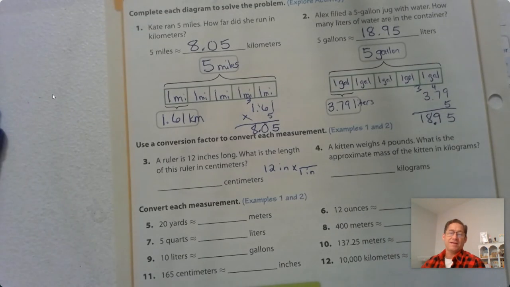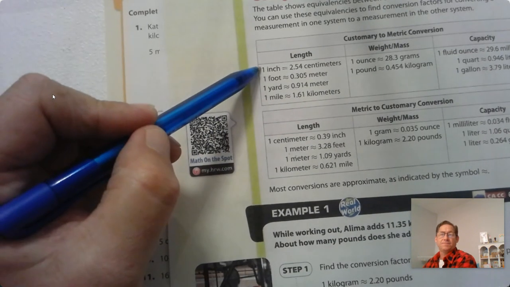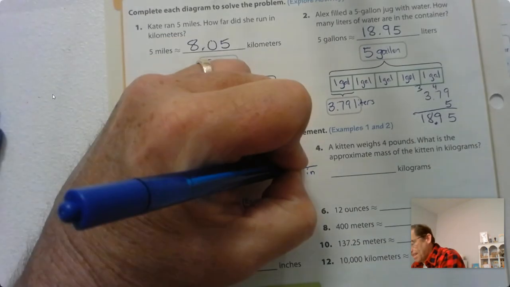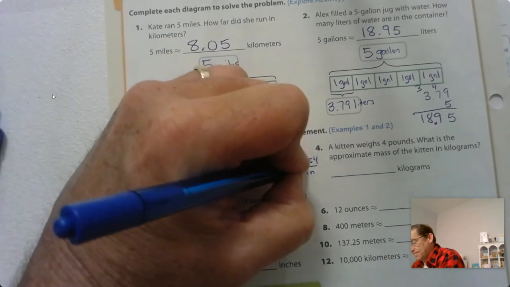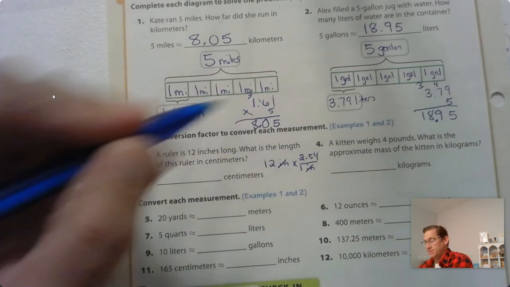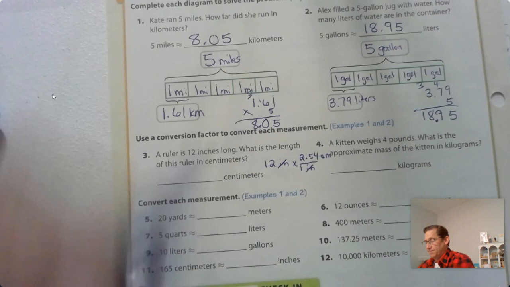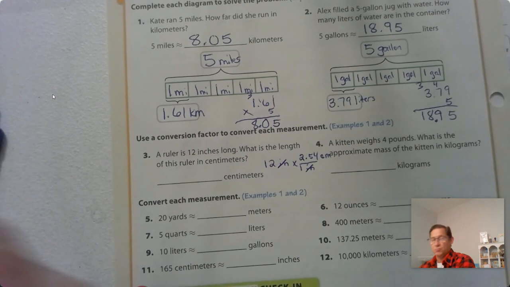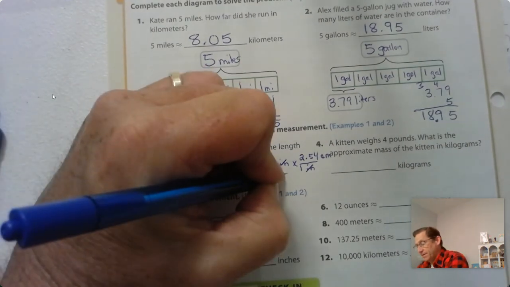All right, so how many centimeters are in 1 inch? It's 2.54 centimeters. All right, divide out the inches, and we're left with 12 times 2.54 centimeters.